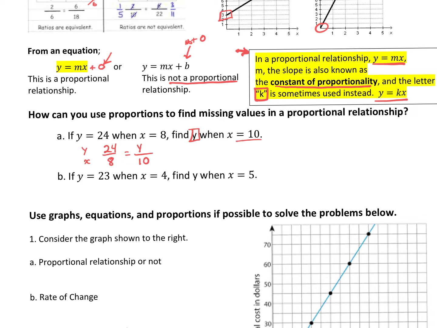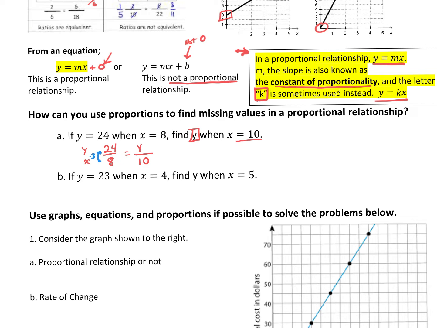Now there are a couple different ways we could find that. In a proportion, there are three different ways that I can think of that we can solve them pretty easily. One way is to just compare these two numbers to see if one of them is a multiple of the other one. For example, in this case, 24 is 8 times 3.